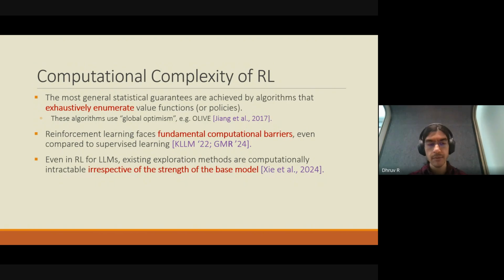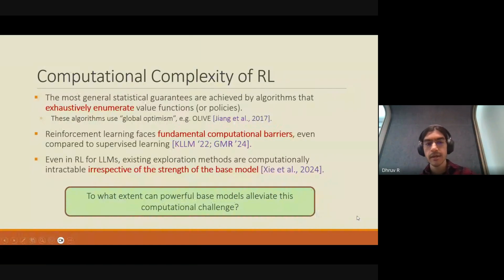It's not clear how to implement them efficiently, regardless of how strong the base model is. And so the question here is, to what extent can powerful base models alleviate this computational challenge? Can we leverage the base model in some sort of fine-grained way, depending on how good it is, to get faster algorithms?